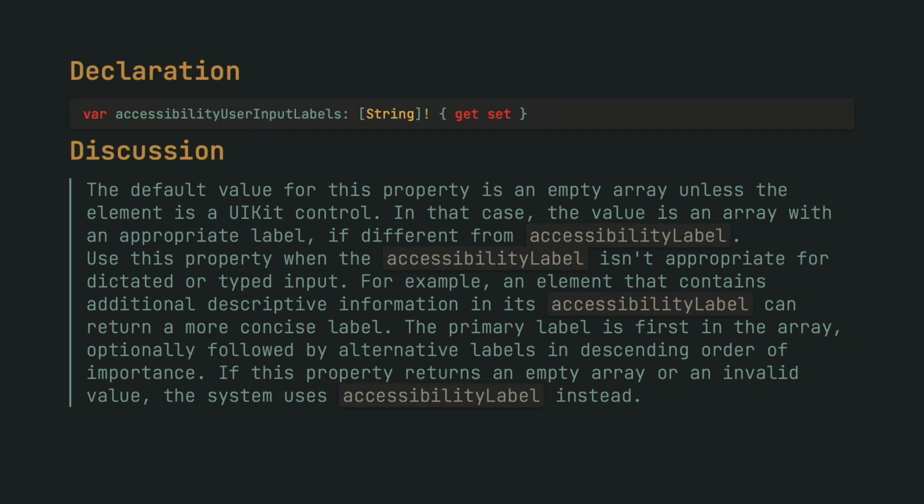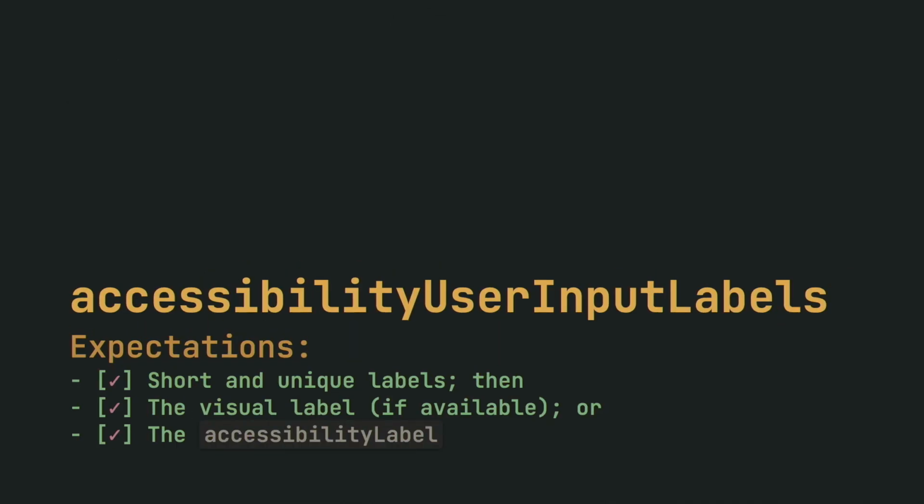This is because you won't see an overlay like Voice Control's when you search for items until you've got a partial match. So if there's absolutely no relation between what the input label is for an element and what the user expects it to be, they could have a hard time finding it. You could argue then that this array should always contain, in order of priority, short and unique labels, then the visual label, if available, or the accessibility label.